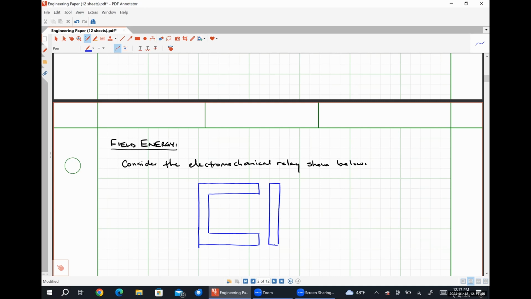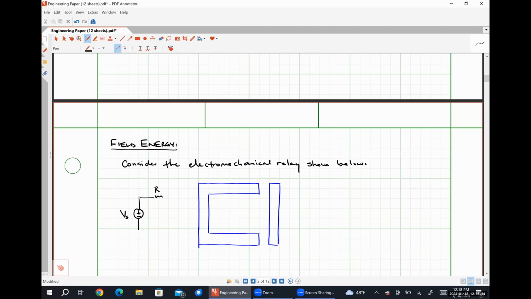Now my electrical system. I'm right now assuming it's going to be a DC voltage. Then the coil or our winding, which I'm going to draw now.